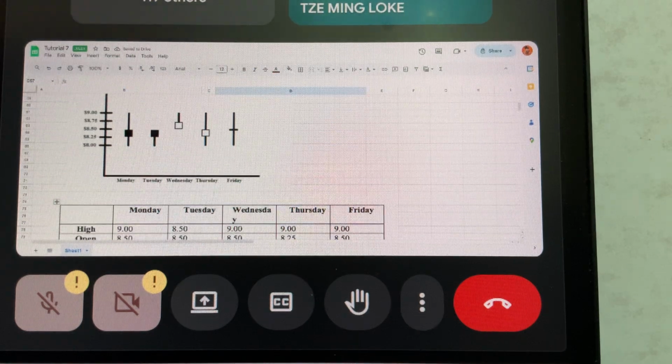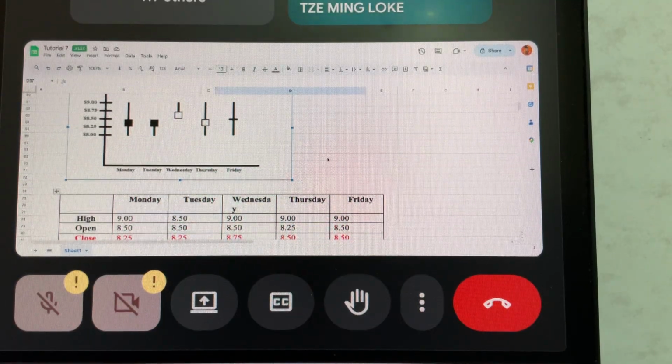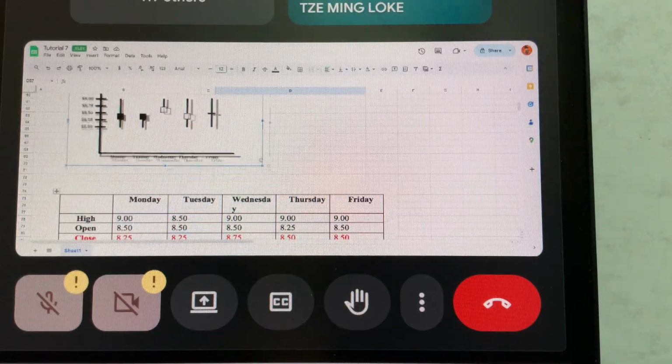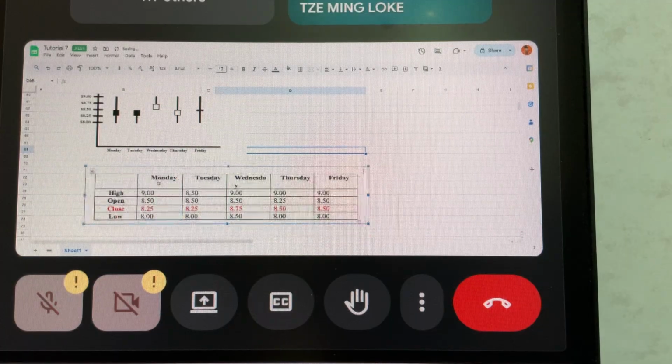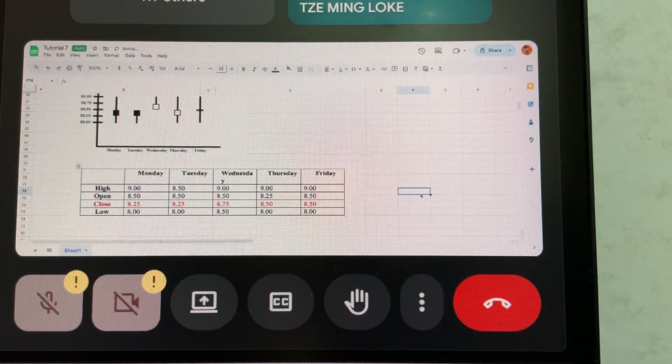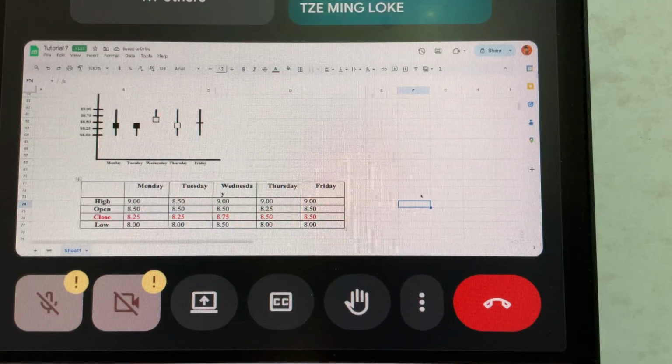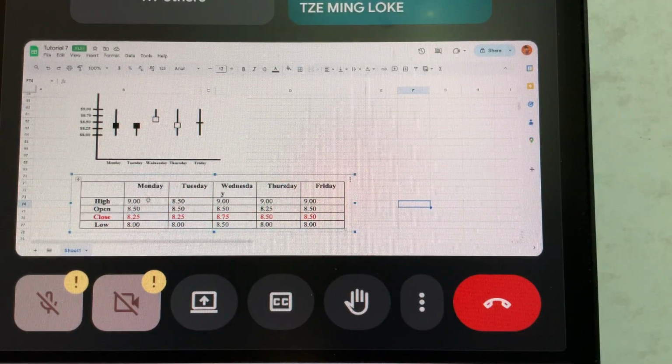The next question is looking at the candlestick, like what we saw just now. So the candlestick, let me make it smaller. If you look here, there are 5 candles. Monday, the highest is 9, lowest is 8.